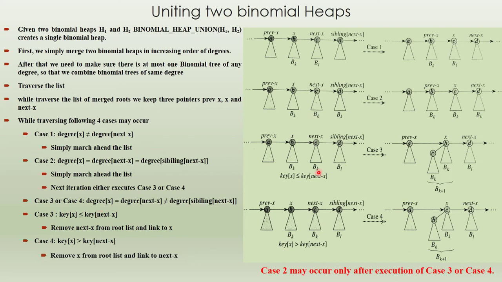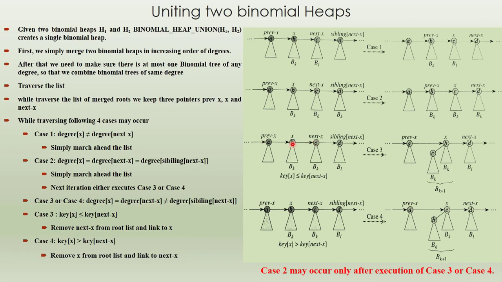So first we look at case 3. Case 3, degree of x equal to degree of next x. Here we have two Bk trees. That means these two trees have the same degree. What we do there is, if key of x is less than key of next x, that means this b is less than or equal to c. What we have to do? We have to link these trees.